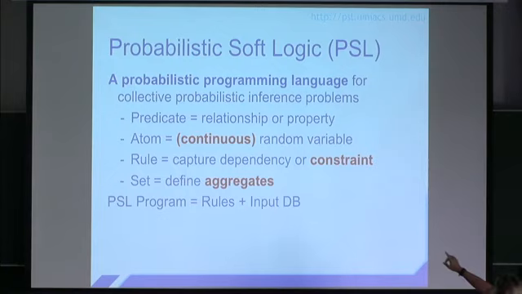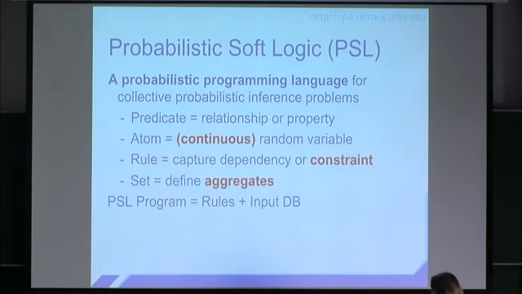A key distinguishing aspect of this model in comparison to many of the other models in this space is the random variables can be continuous valued between 0 and 1. And I'll get back to why that's important.